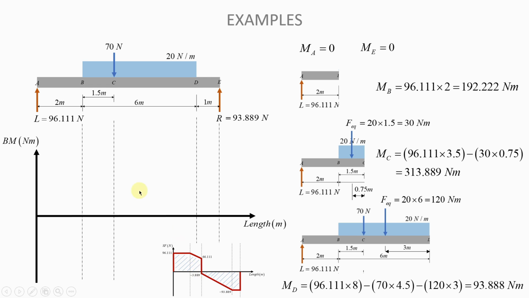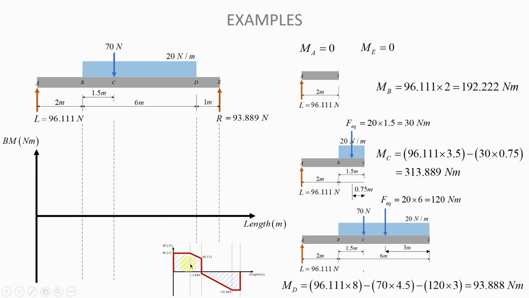In this case, it's going to be here, somewhere here. That is where we have the maximum. And if you look here, that is where we have point C. So the moment at C here is the maximum bending moment that you have on the curve of the bending moment diagram. Okay, because at C, that is also where the shear force diagram crosses the horizontal axis.